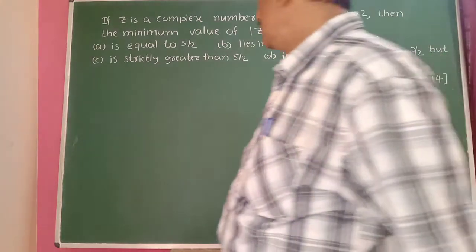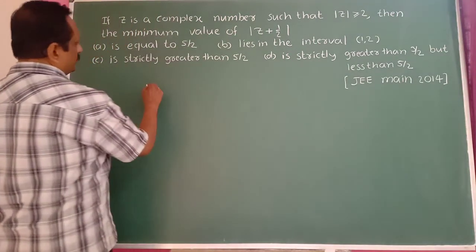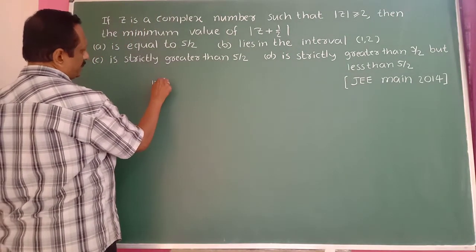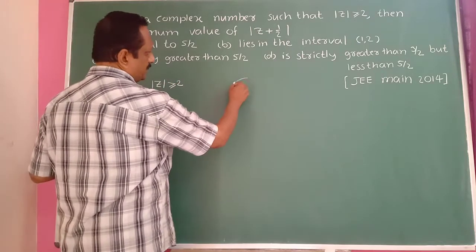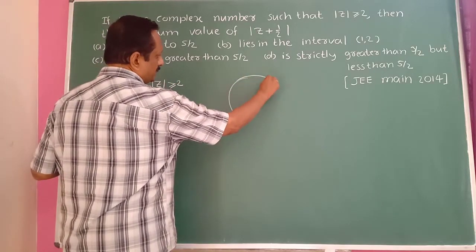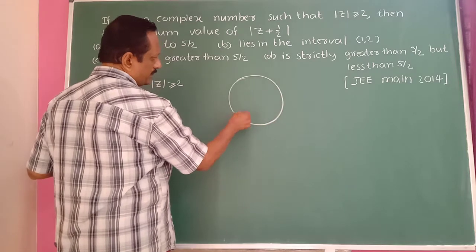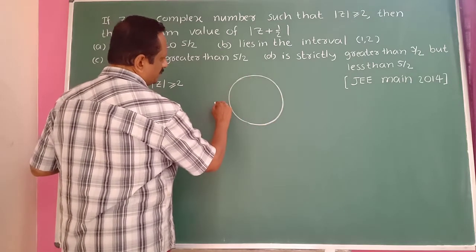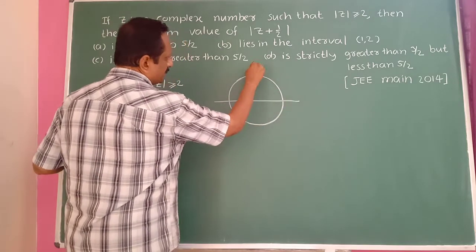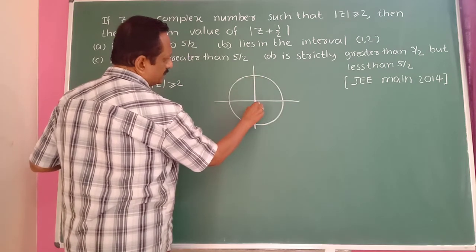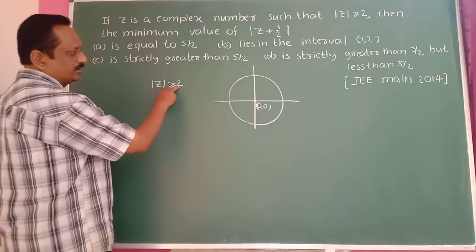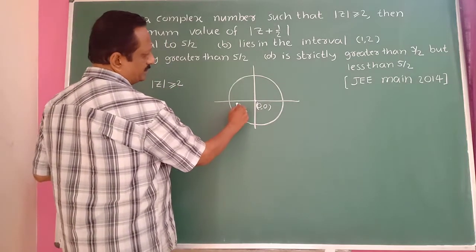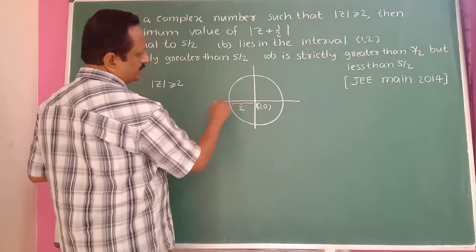So here modulus of Z greater than or equal to 2 means there is a circle whose center is the origin 0, 0 and the radius is 2 units here.